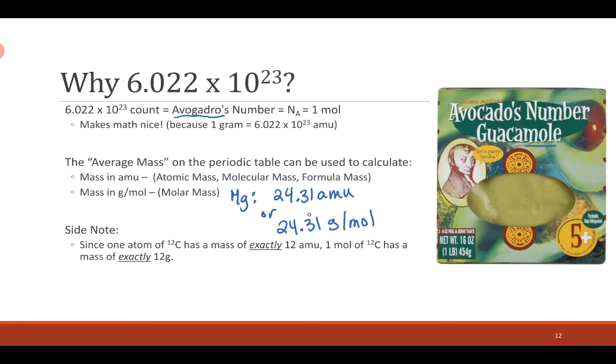And so this makes our math very nice. We will be using molar mass quite a lot in this course. That's our go-to conversion. There is a side note that since we defined carbon-12 earlier as having a mass of exactly 12 atomic mass units, 1 mole of carbon-12 has a mass of exactly 12 grams.